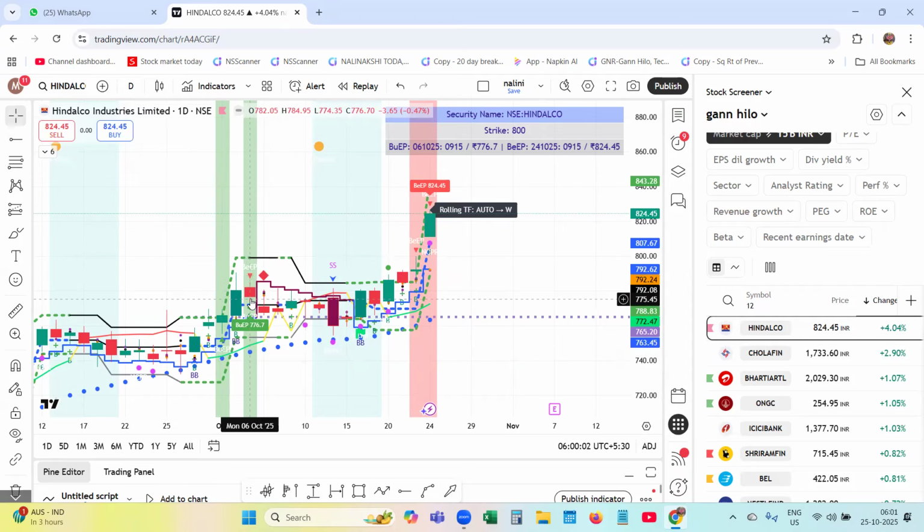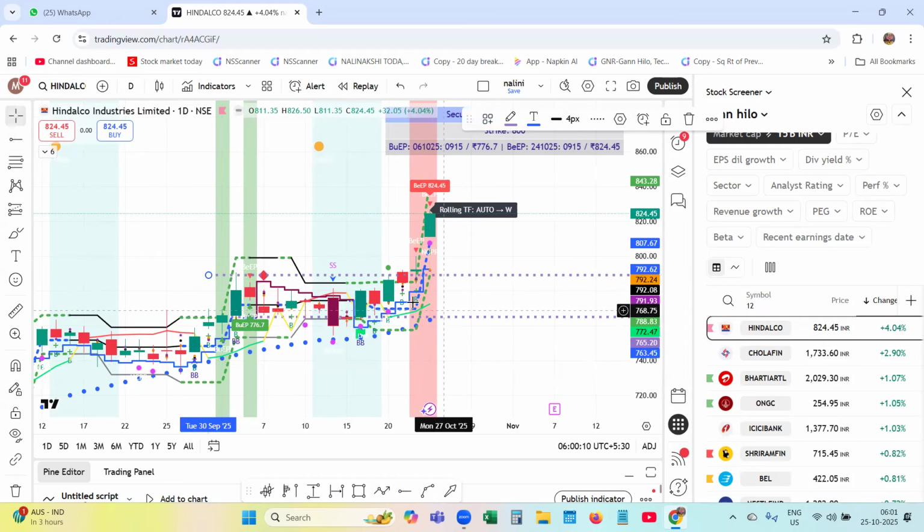So actually the strategy should be, after the episodic event, you need to wait for the pullback, and it has to break above this breakout. You have to break above this and you can keep an alert, and then only you can enter.